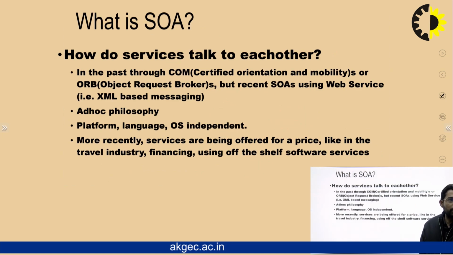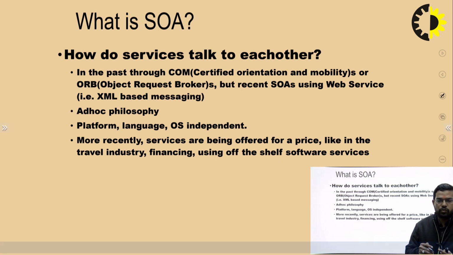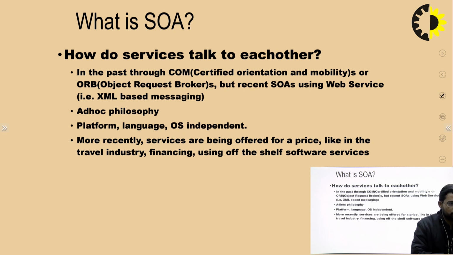How do services talk to each other? For example, if you want to pay through UPI on Amazon and other websites, one service has to talk to another.